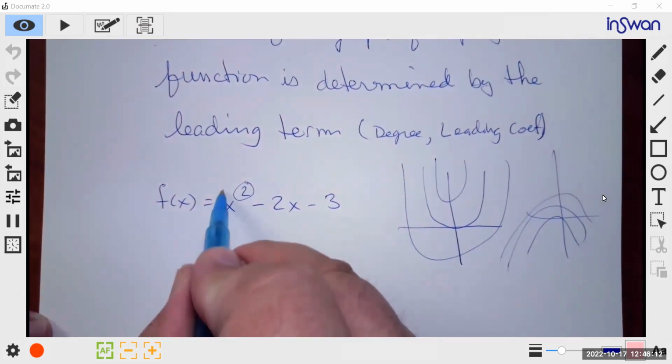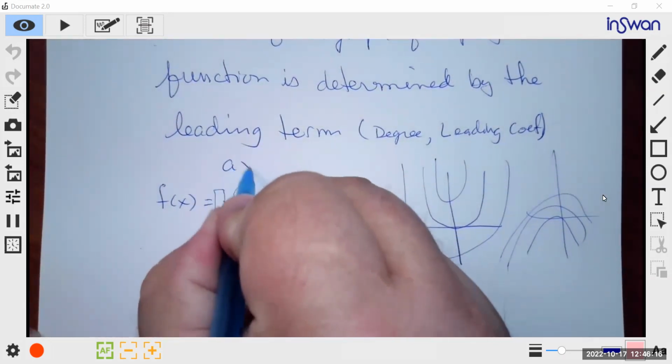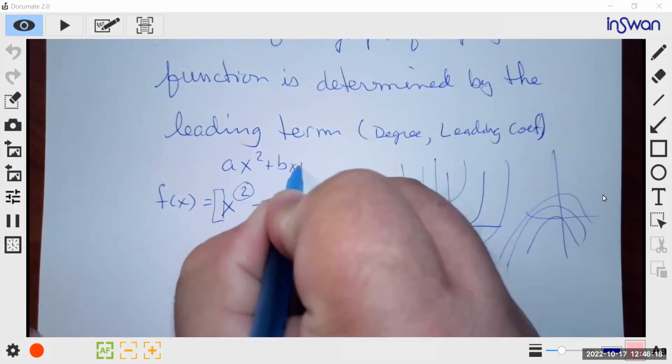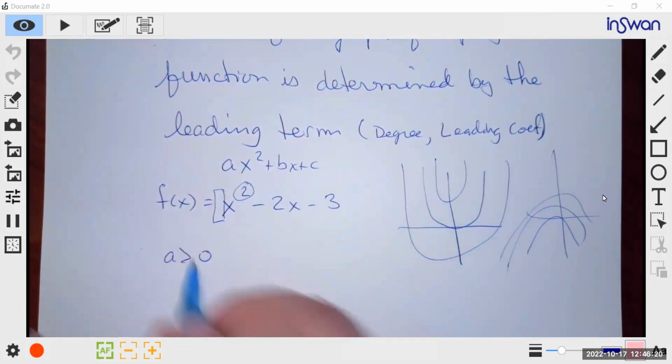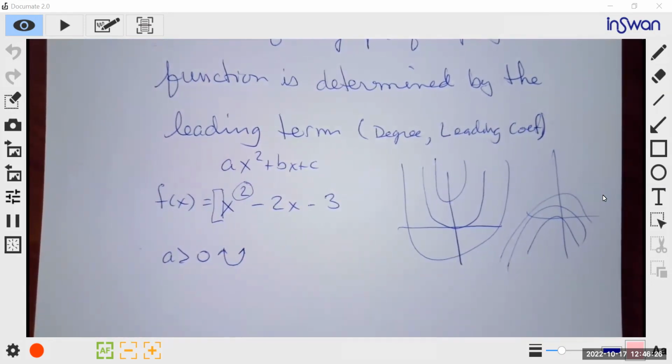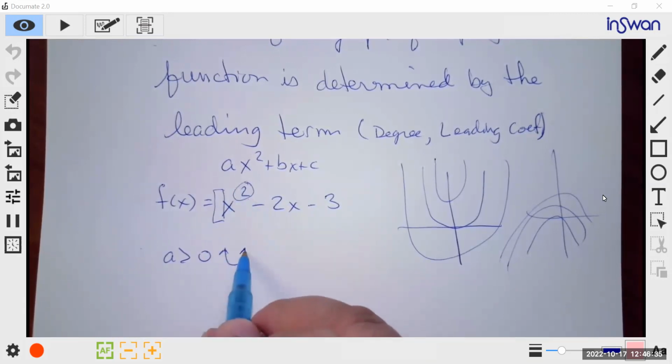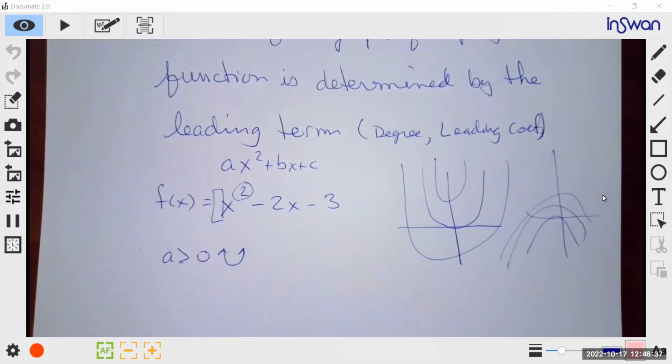Because the leading coefficient, a, because remember, it's ax squared plus bx plus c, because a is positive. Because a is positive, it opens up. We also, because it's degree 2, know that both ends point the same direction.